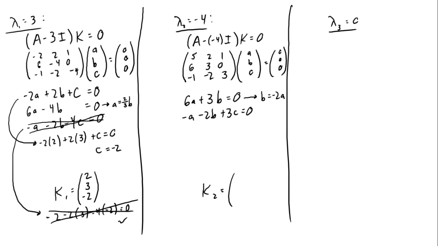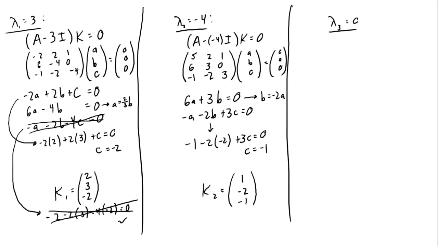Because if I pick a equals, say, 1, b is negative 2. And then if I plug those both into the last equation, we get negative 1 minus 2 times negative 2 plus 3c is equal to 0. It looks like I'm getting c equals negative 1, I believe.